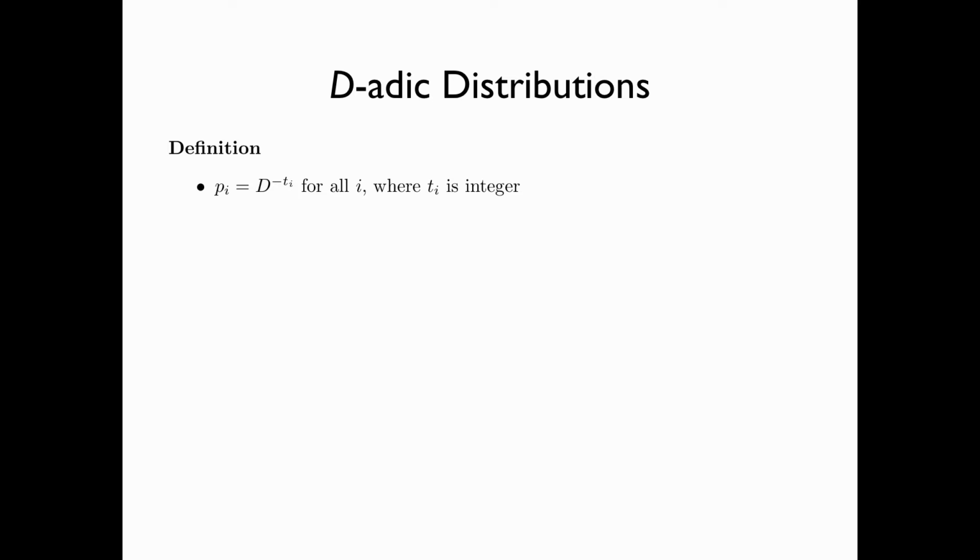We now introduce a special class of probability distributions. A distribution is called a d-adic distribution if p_i is equal to d to the power minus t_i for all i, where t_i is a positive integer. When d is equal to 2, it is called a dyadic distribution.